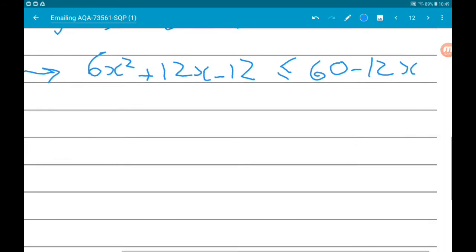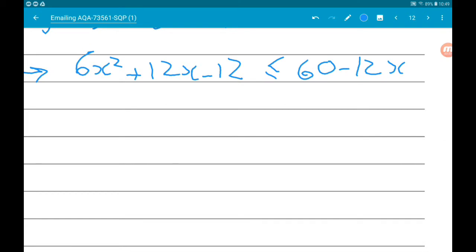Okay, so this is now a quadratic inequality. We need to first of all get everything on the same side. So we've got 6x squared, and we're adding 12x, so we got 24x, and then subtracting 60, so we get minus 72, and that is less than or equal to 0.